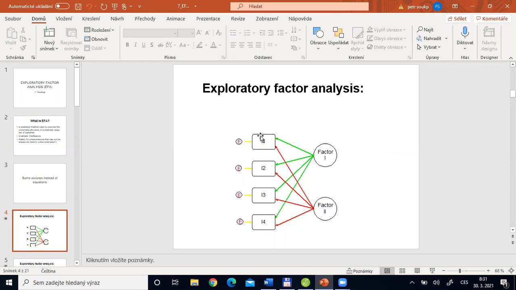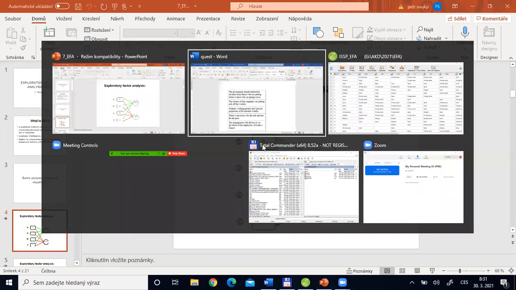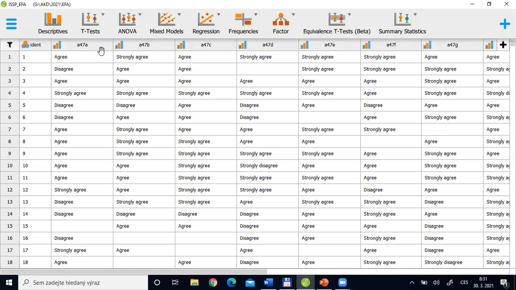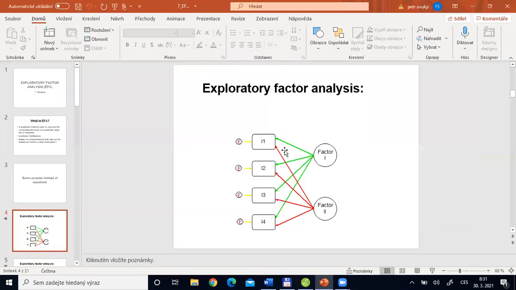These shapes mean that the variable inside the shape is a variable which is present in my data file. So it is a real column in my data. It is a manifest, observed variable. So these are squares or rectangles. And there are also these circles or sometimes ellipses. Inside these shapes, we find unobserved or latent variables that are usually called factors.